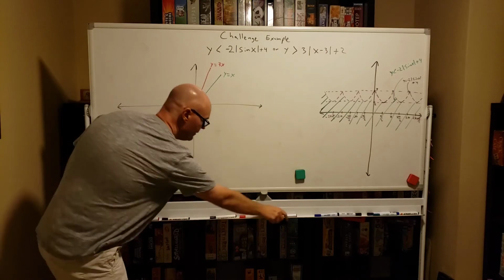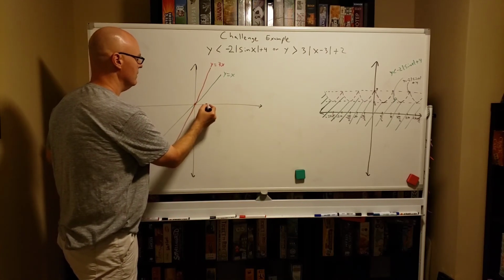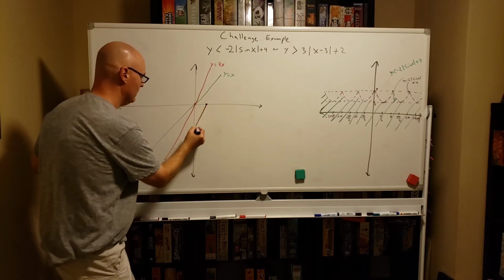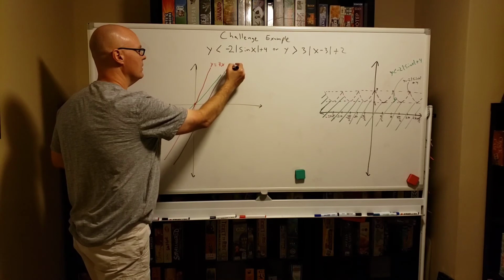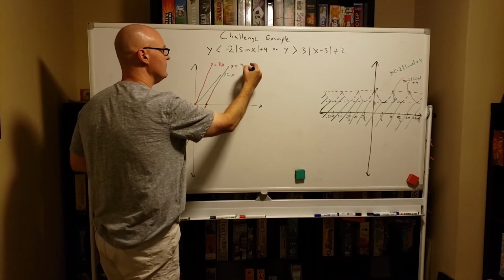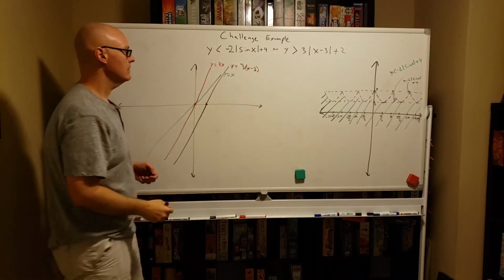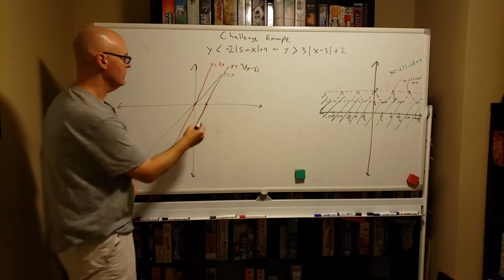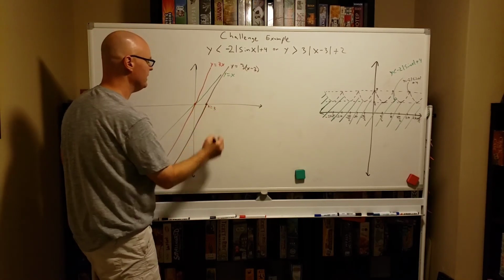Let's go with brown. So this is y is equal to 3 times x minus 3. I have shifted by a value of 3. So this is x equals 3.